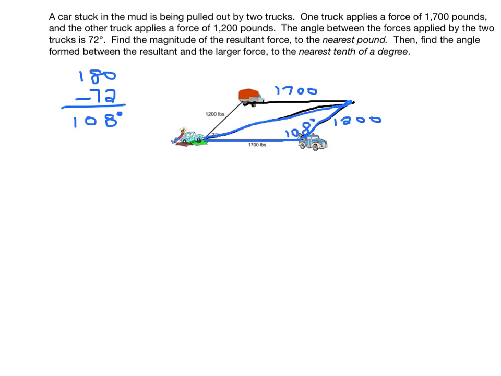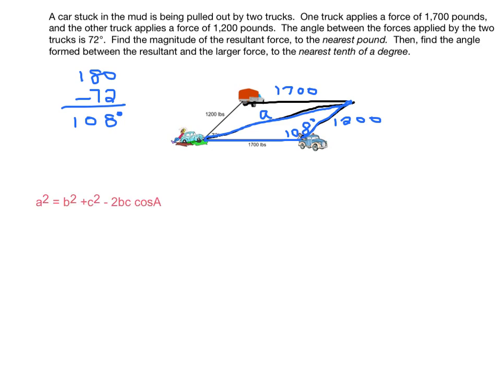Now what we're asked to find is the resultant, which is the diagonal. So I'm going to label that with, you can label it with an X, whatever you want, I'm going to label it with an A, because in order to find that side, if we're working with three sides, so this, this, and one angle, we know we're going to need to use the law of cosines.